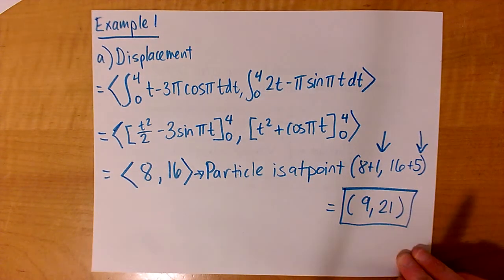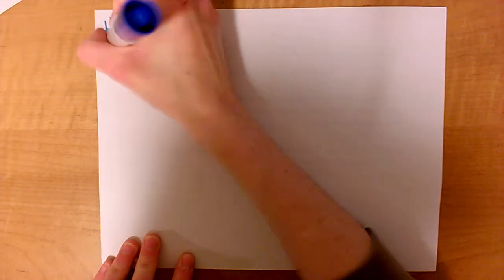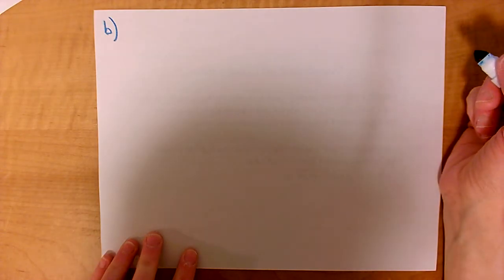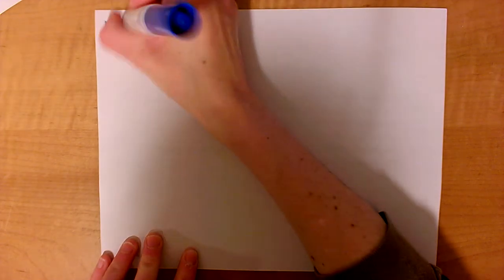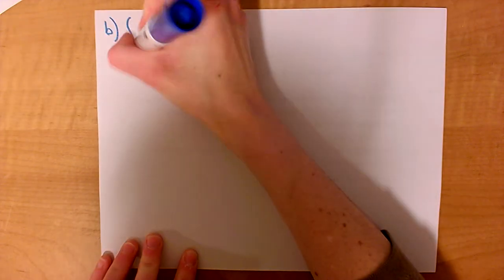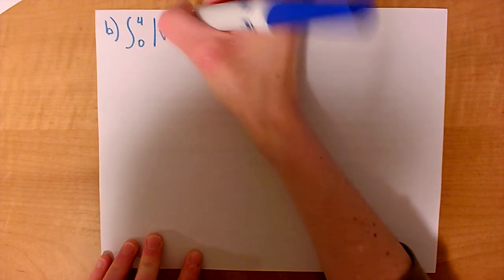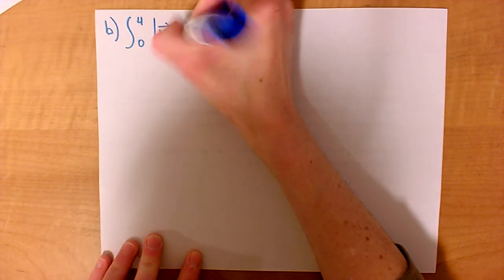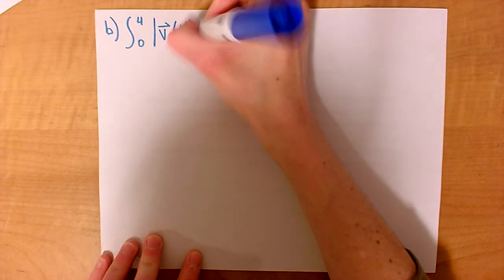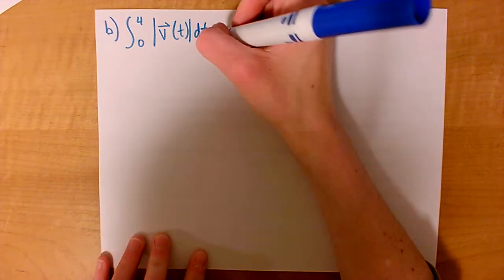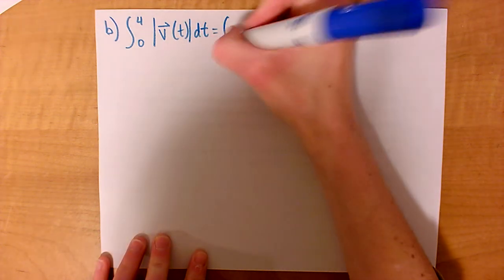Alright, so then for part B, we have to find the total distance traveled. So this is going to be the integral from 0 to 4 of the absolute value of our velocity function with respect to t.